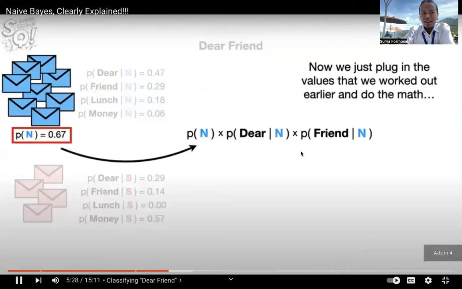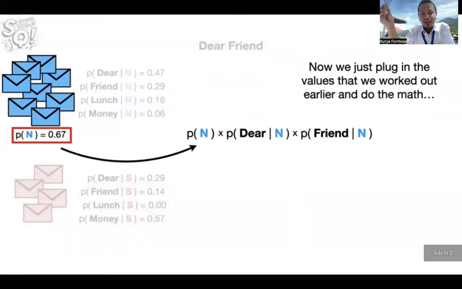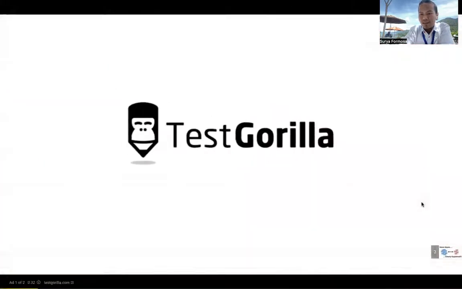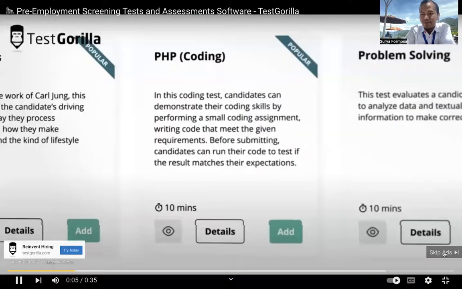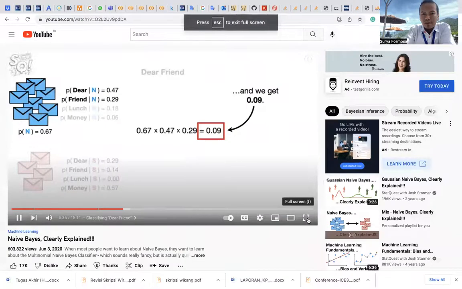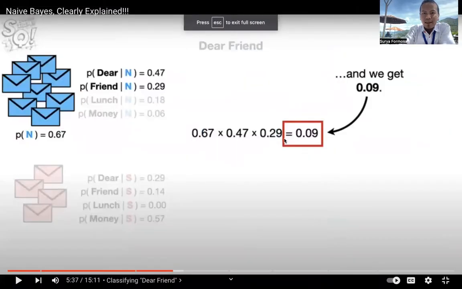So we can directly put these numbers inside the formula. Nah, jadi finally we got 0.09.